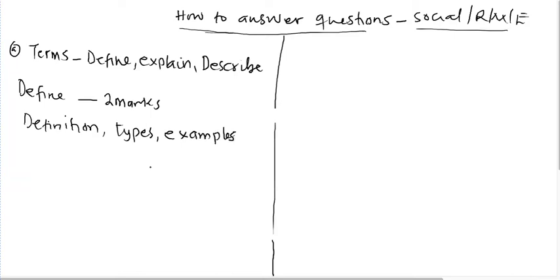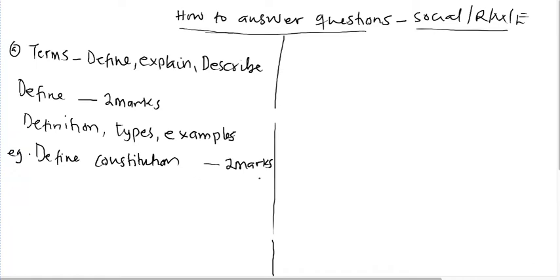So let's take example for this. Let's say we have a question. Define constitution, and you see that they will write the marks attached, 2 marks.